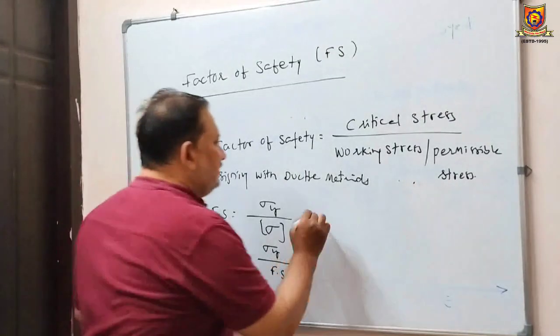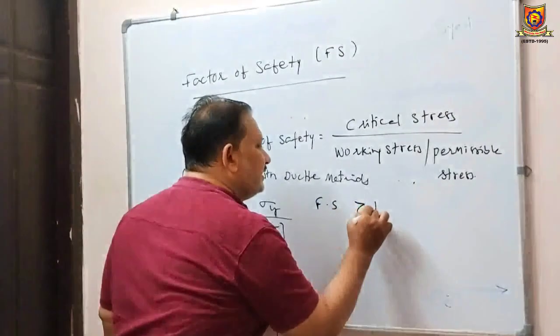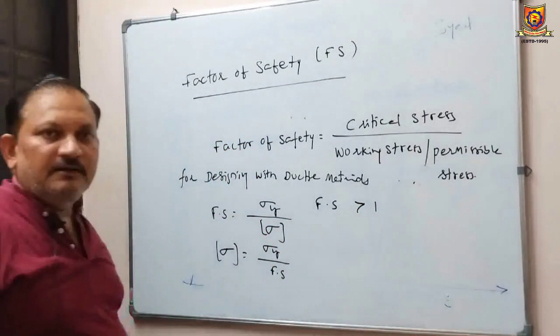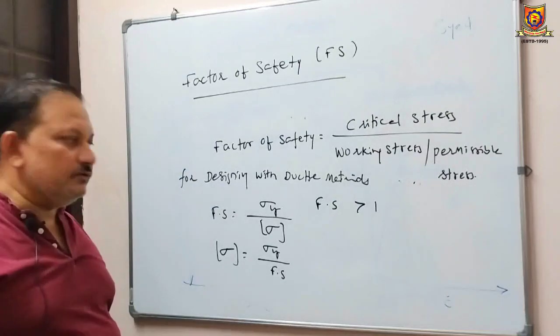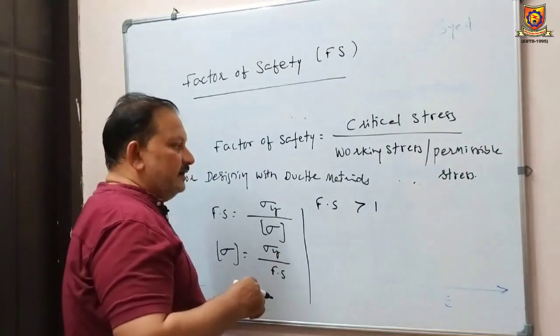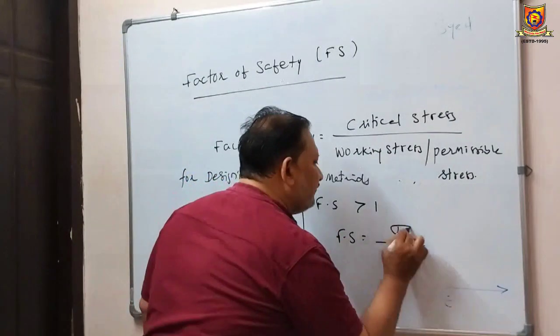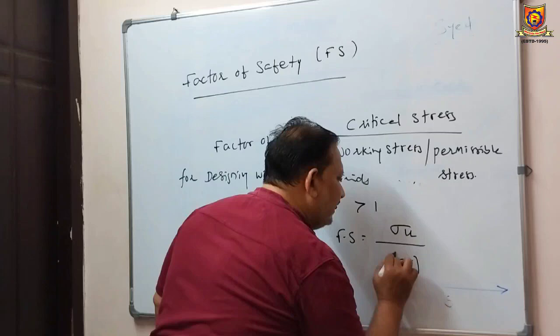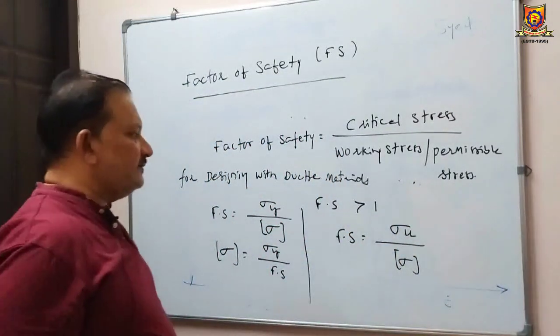This factor of safety value is always greater than 1. Understood? So when you are designing for brittle material, in such a case, factor of safety is the ratio of ultimate stress to the permissible stress, or you can say working stress, or you can say design stress.